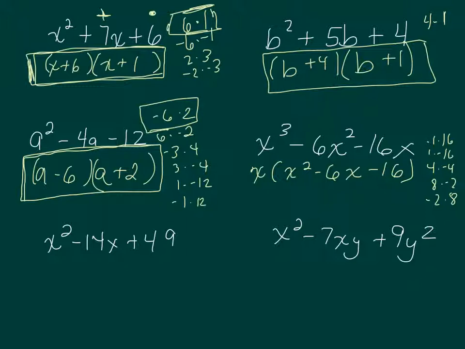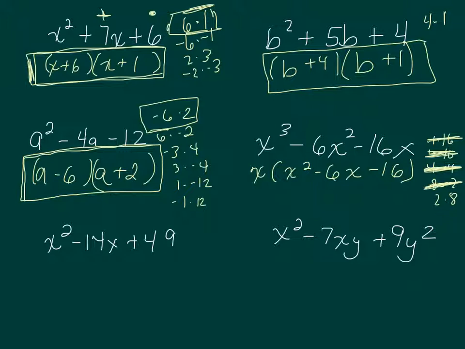Negative 1 plus 16, that's not going to work. That's going to give me 15. 1 plus negative 16, that's going to give me negative 15. That's not going to work. 4 and negative 4, that's going to give me 0. That's not going to work. What's 8 and negative 2? That's 6, but I need negative 6, so that's not going to work. And actually here I made a mistake. That shouldn't be negative 2 and 8.